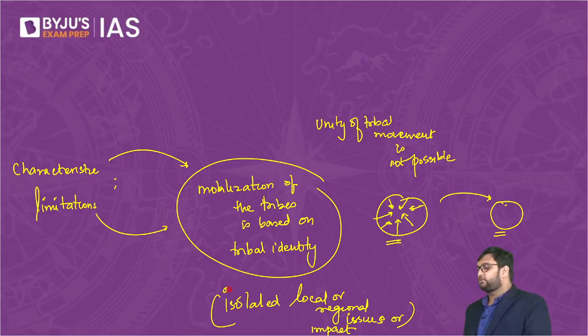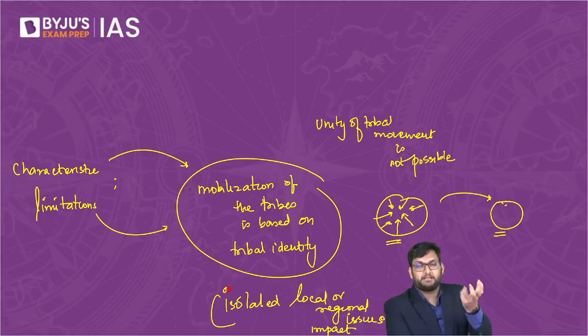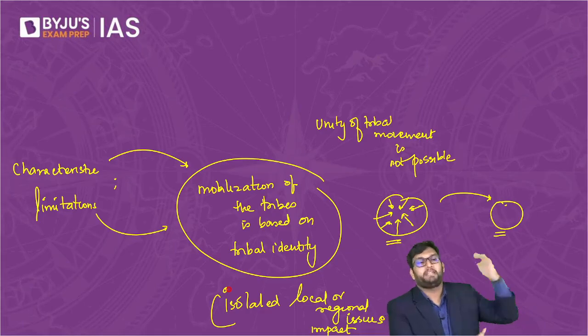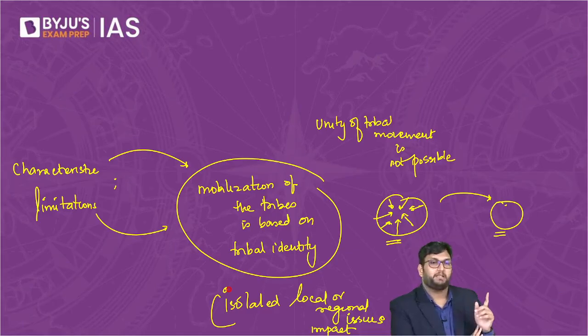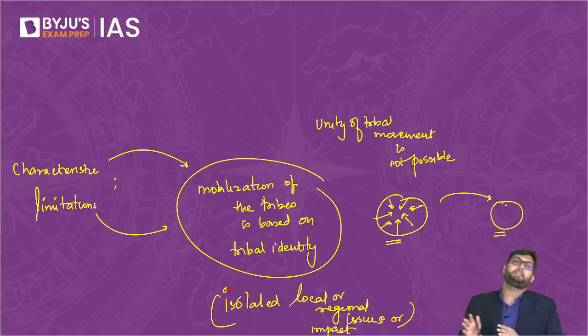They will never be able to become bigger than what they were because they will not be able to add the larger tribes into their main rebellion itself. So in a way, the problem persists because of the main characteristic of their rebellion itself. So it's a characteristic, but it also is a very major limitation in how they actually are fighting with the British.